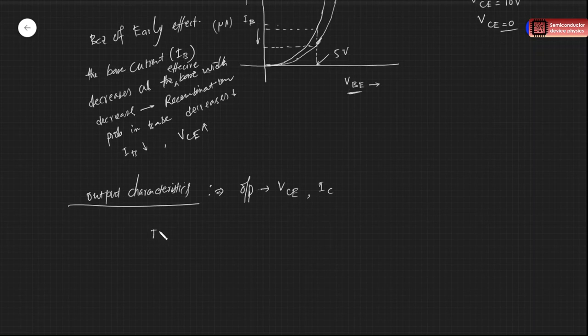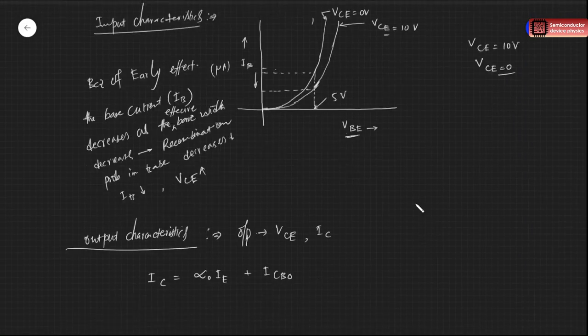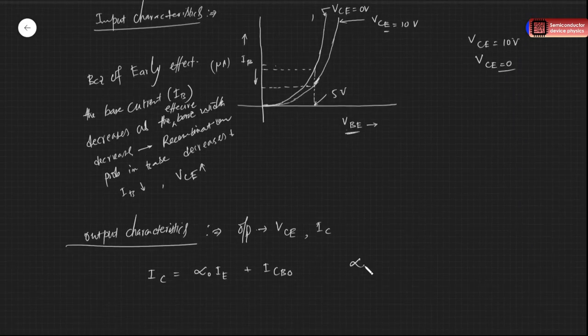We know the collector current IC is alpha naught IE plus ICBO, right? In this case, this is common emitter, so this alpha naught is our current gain.